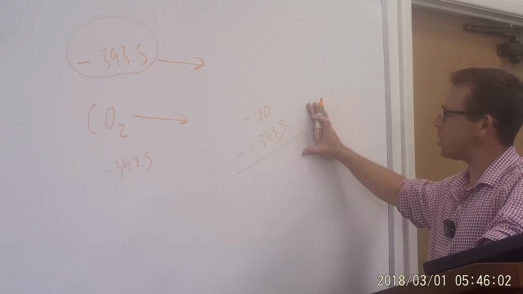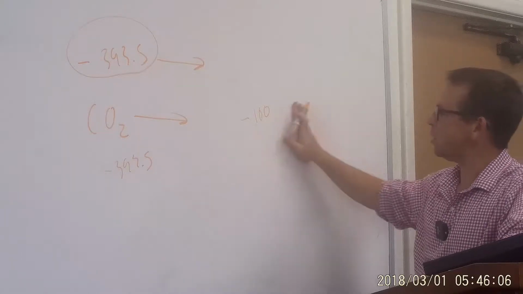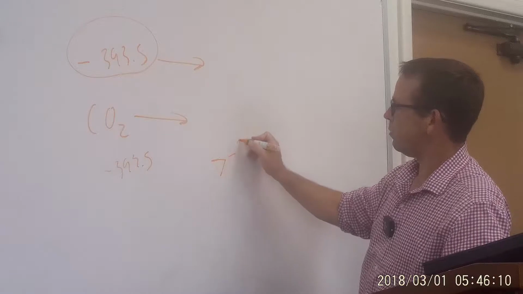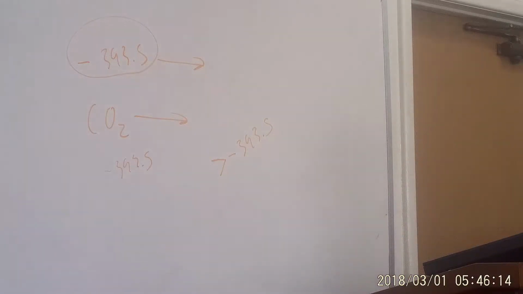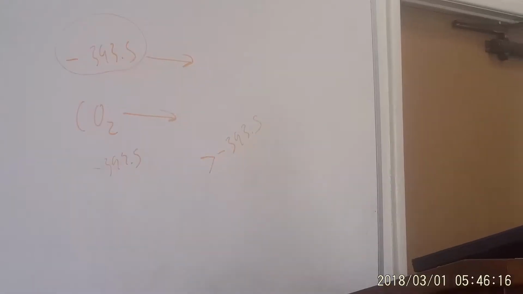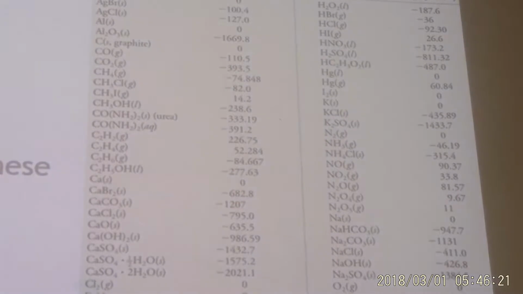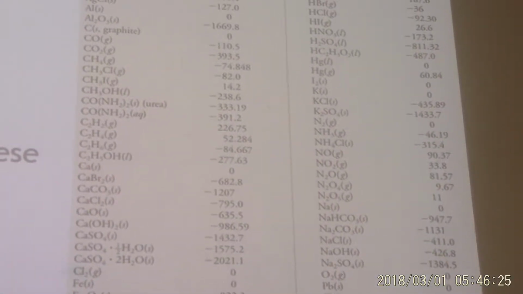So my car that's going to burn carbon dioxide needs to create a product here that has a value greater than a negative 393.5. All right, let's find it. Something that contains carbon that has a value greater than a negative 393.5. In other words, more negative than a negative 393.5.